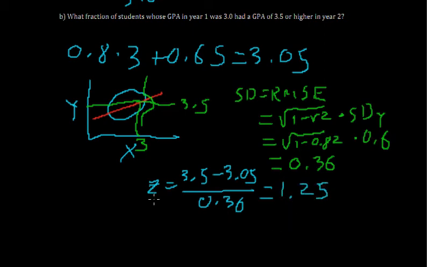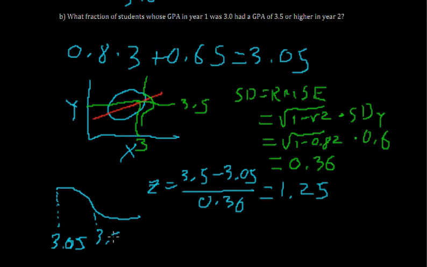So what are we asking? We're saying, okay, now we have a normal curve with mean 3.05, and let's just look at this side of the normal curve, and we want to go out to 3.5.